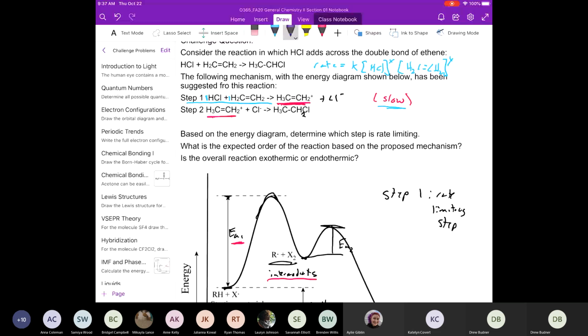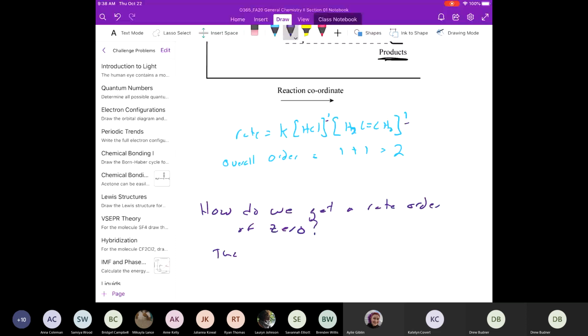In order for it to be 0, it means that the molecule is involved after the rate limiting step.